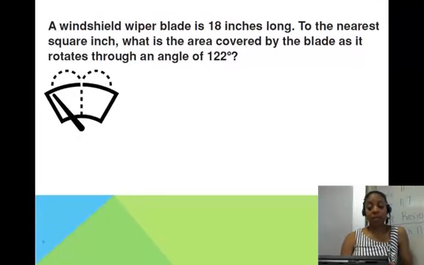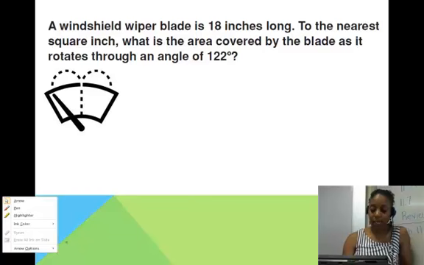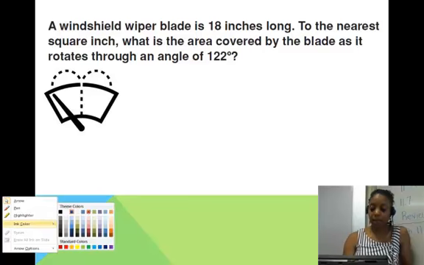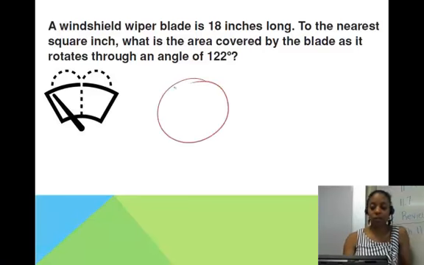All right, a windshield wiper blade is 18 inches long. To the nearest square inch, what's the area covered by the blade as it rotates through an angle of 122 degrees? Essentially, we're just looking at a circle here, even though the windshield is like half of that. The wiper is moving, and we want to know how much it will wipe. The angle that the wiper sweeps out is 122 degrees.